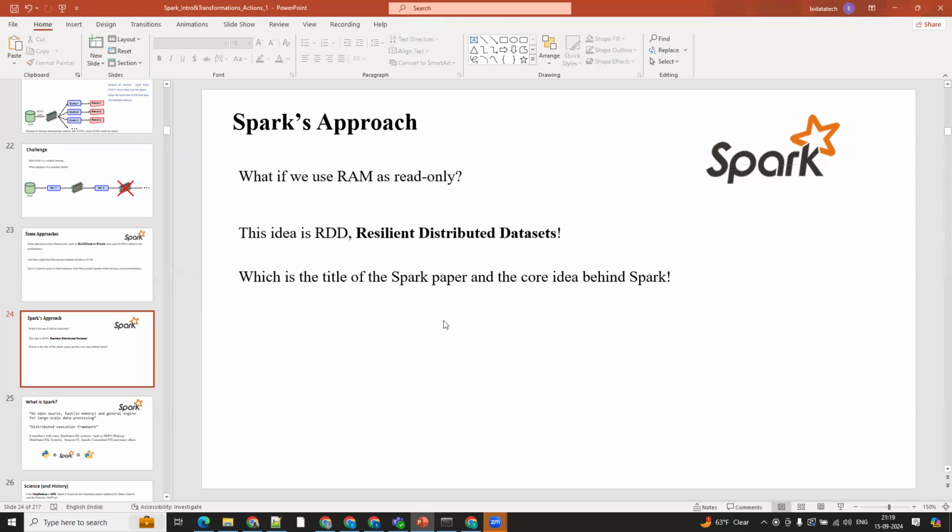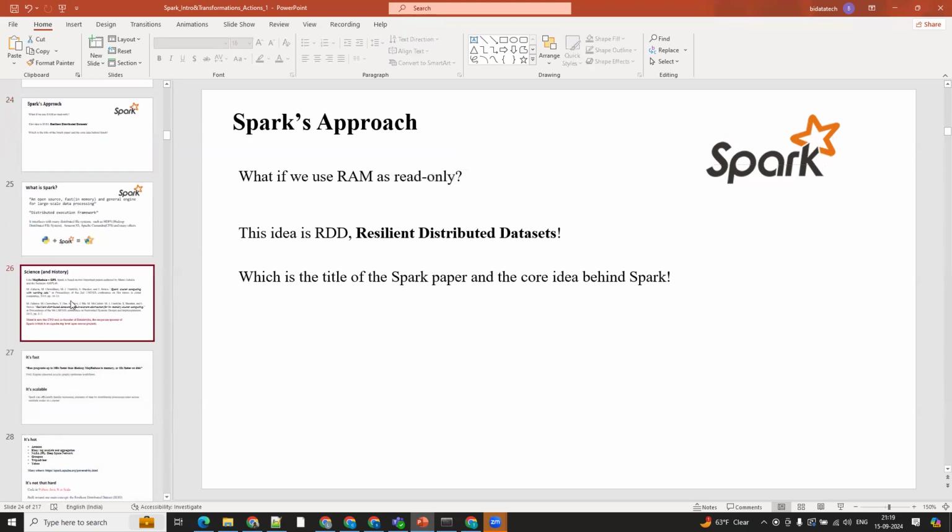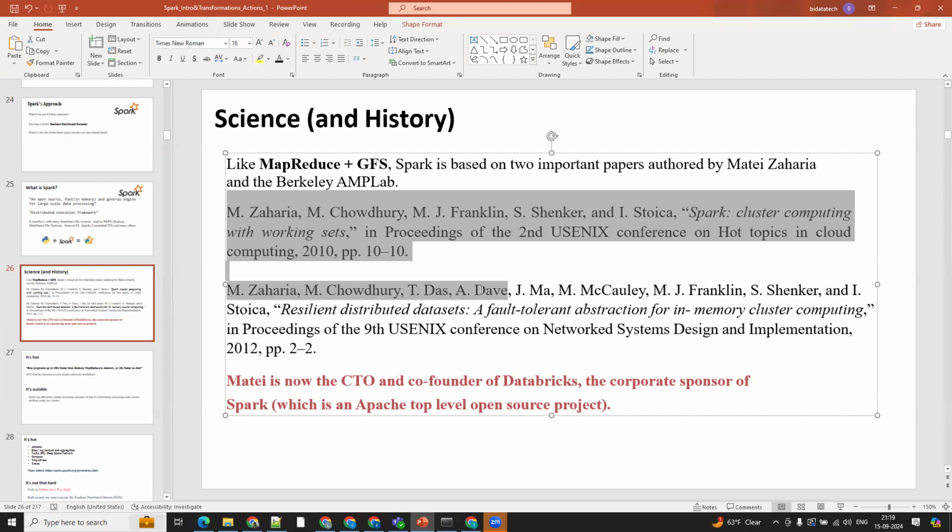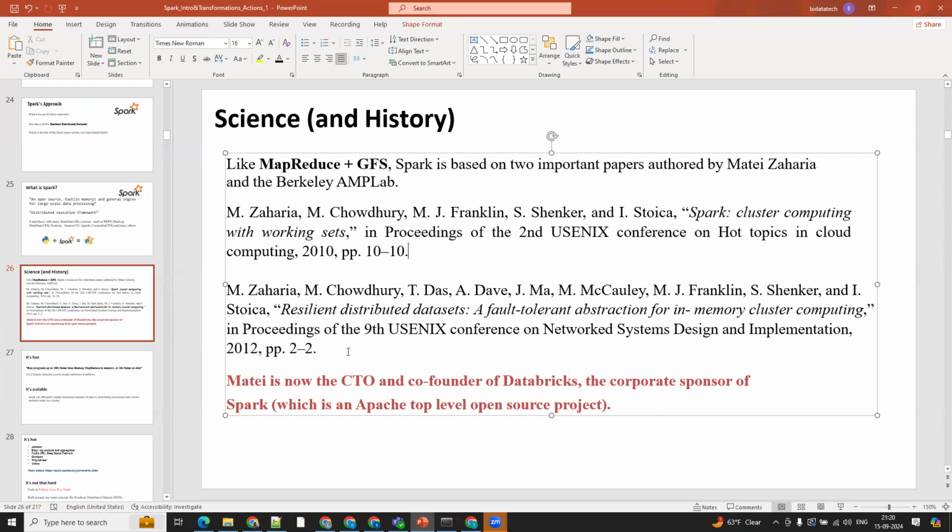Okay, and at that time, the founders of Spark released one paper in the market. Do you know who the founder of Spark is? Matei Zaharia. Now he is a co-founder of Databricks.